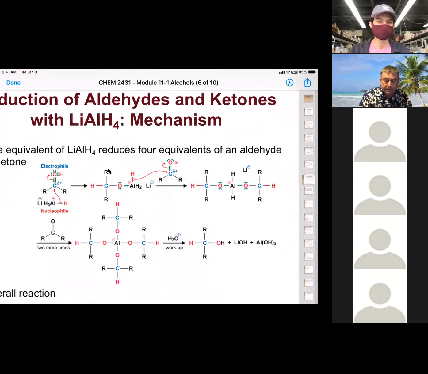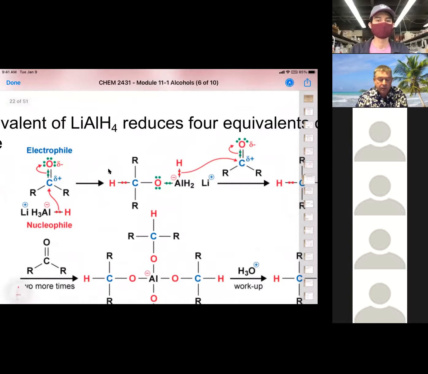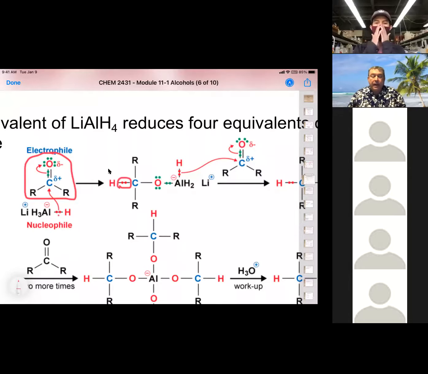So let's look at that step by step. We have, of course, our electrophile here. We have our hydride, again, using both of those electrons to make our new sigma bond. And then we have to counterbalance that negative charge on the oxygen, and it does so by reacting with the aluminum. Okay, so we have, again, 4 bonds to that aluminum with that negative charge there.